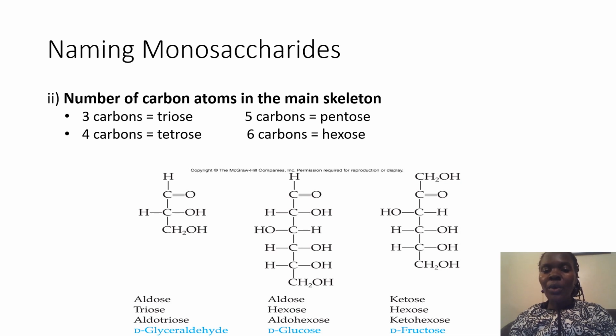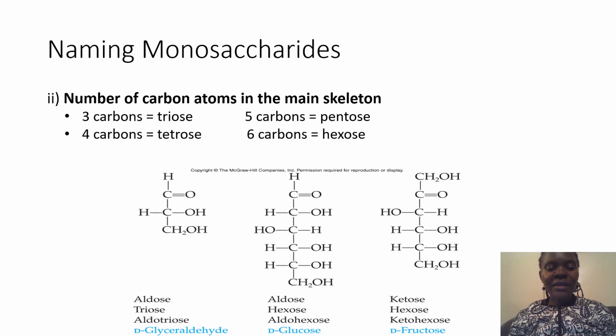For the hexoses, we had glucose and fructose having 6 carbon atoms, so we named them hexoses. Based on the criteria of naming of monosaccharides, we combine both the functional group and the number of carbon atoms.